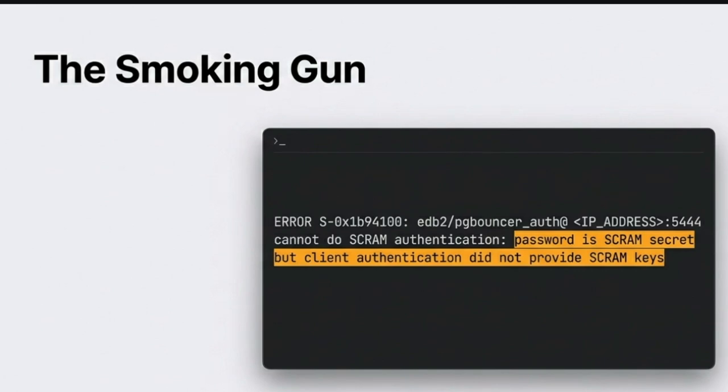Most of the errors said cannot do SCRAM authentication: your password is a SCRAM secret, but the client did not provide the SCRAM keys. Whenever you see this error message, you need to understand which authentication type you have mentioned on your pgbouncer and on your database side.